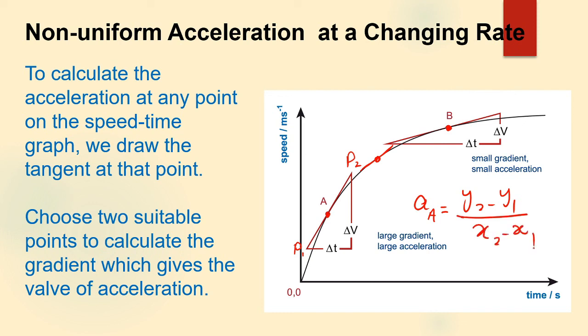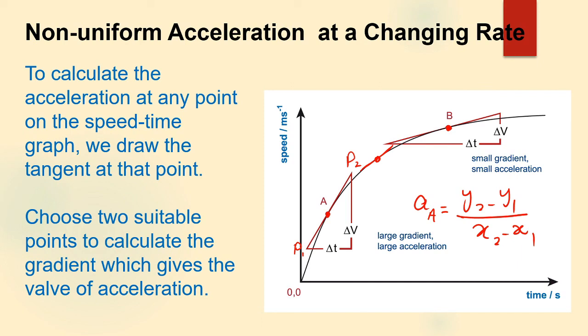That's the way to find the acceleration. If the gradient is steeper, it has a large acceleration. The gradient at A is larger than the gradient at B. That means at A the acceleration is larger, and at B the acceleration is smaller.